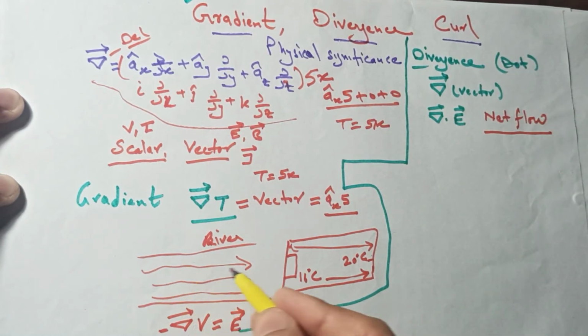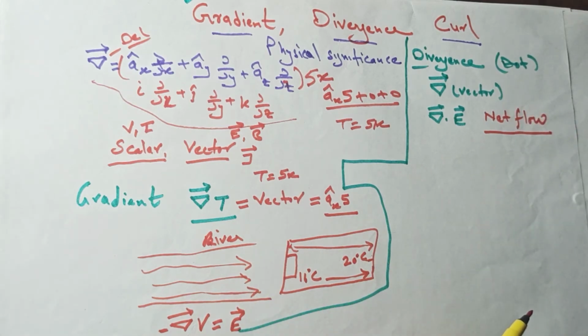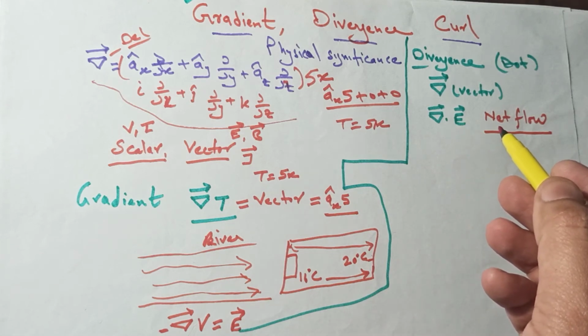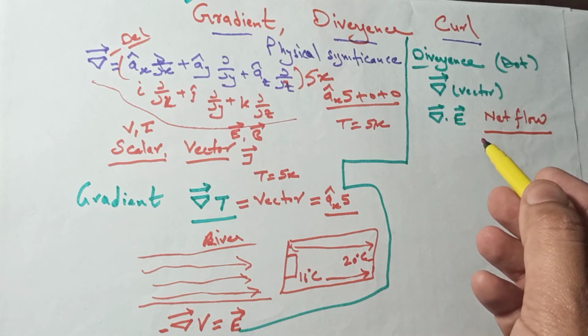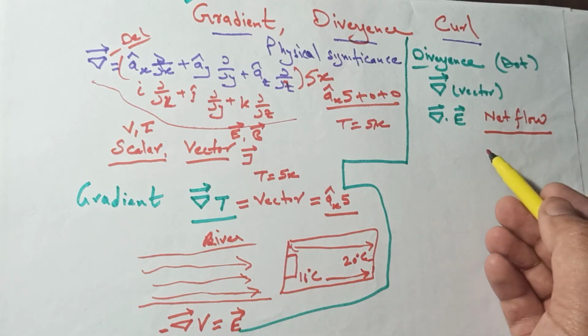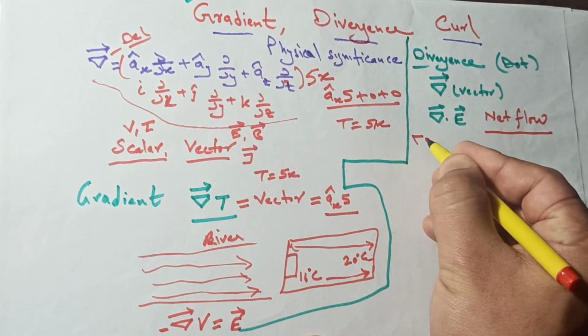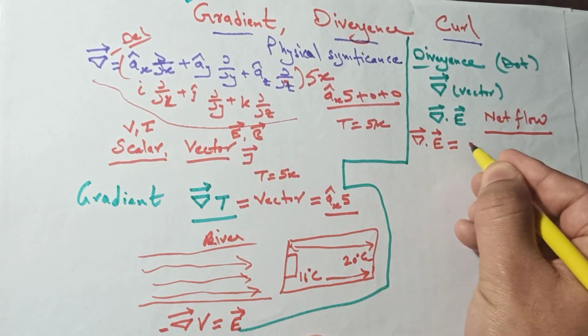If you want to find out the net flow of flowing water, then you take the divergence, and divergence is the dot product of any vector quantity with this del. And what will be its output? If you take the dot product of del with any vector quantity, the output will be a scalar.